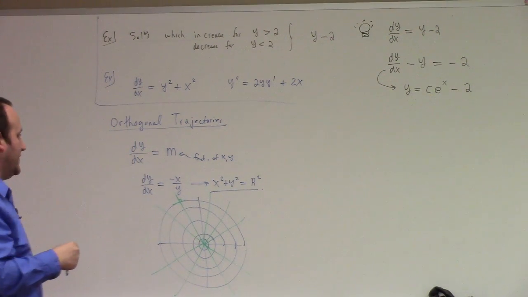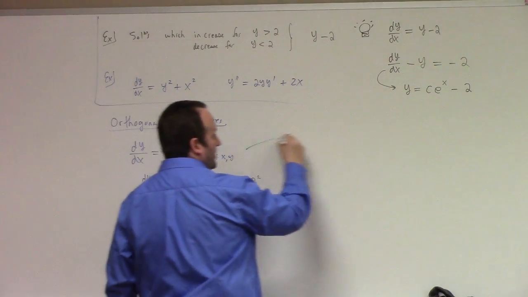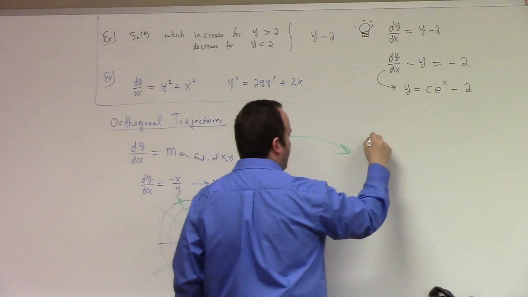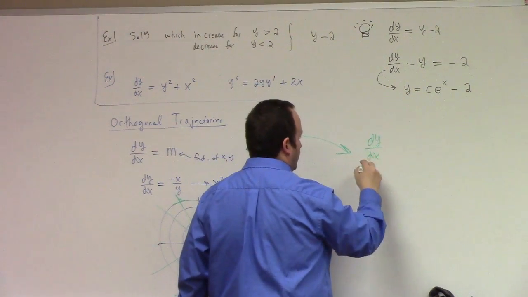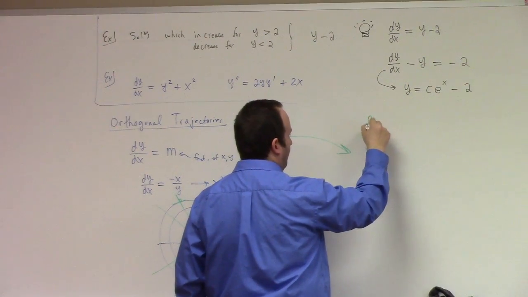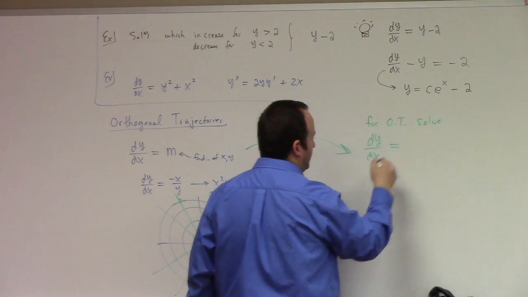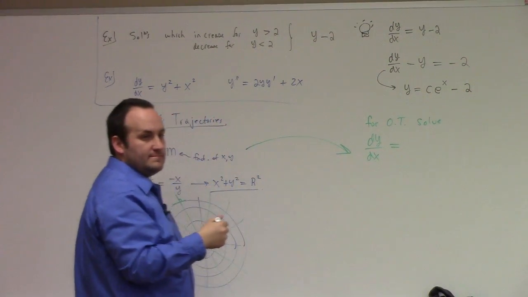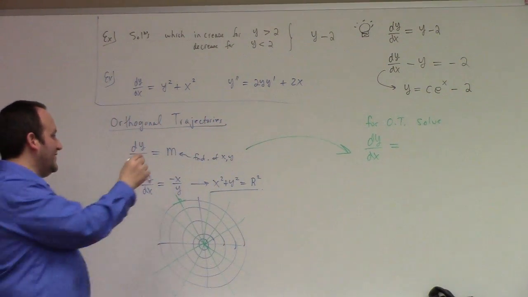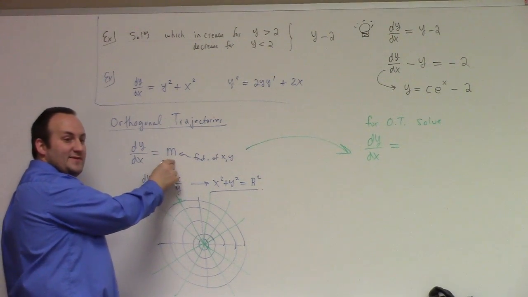Now, how would you discover that in differential equations? For differential equations, you want dy dx for the orthogonal trajectory. For orthogonal trajectories, solve dy dx equals what? Not the original slope, but how do you find things that are perpendicular?